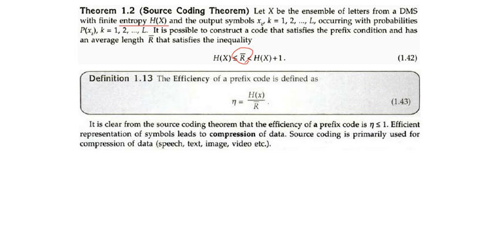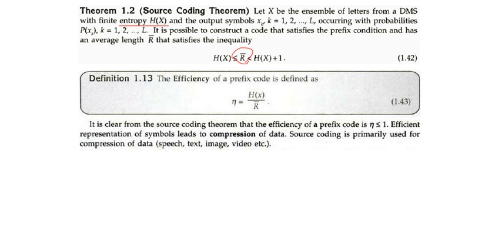And next, in source coding, we have one more important parameter, that is the efficiency of a prefix code. We have several techniques which we are going to discuss in the next classes, and in all codes the parameter used to decide how good a code is, is efficiency.